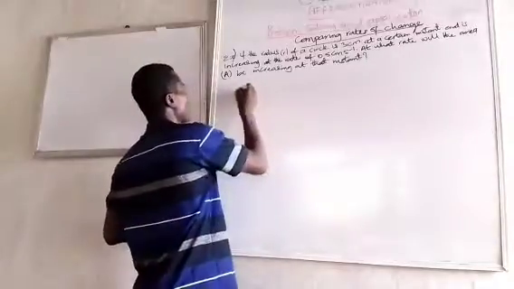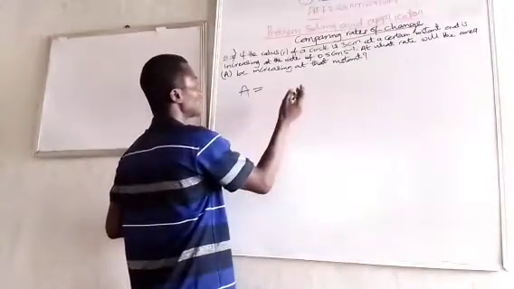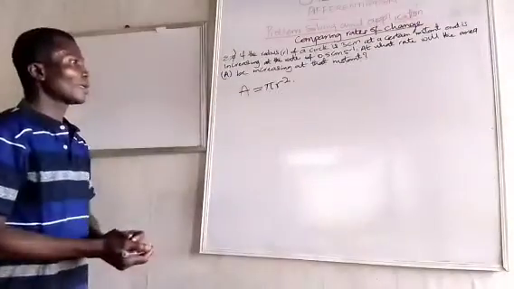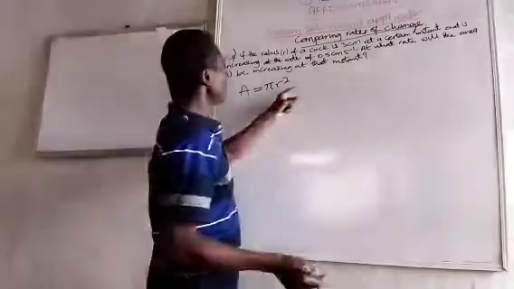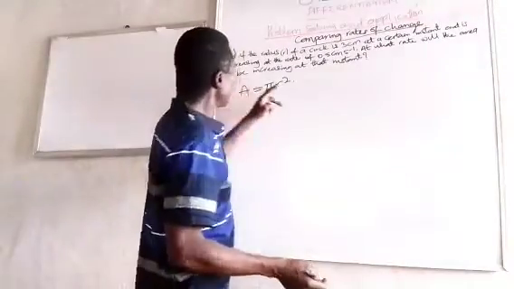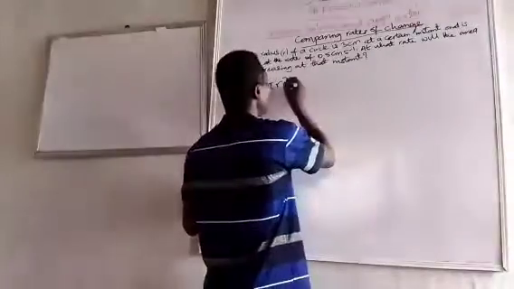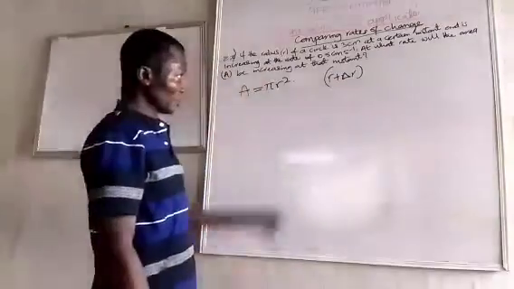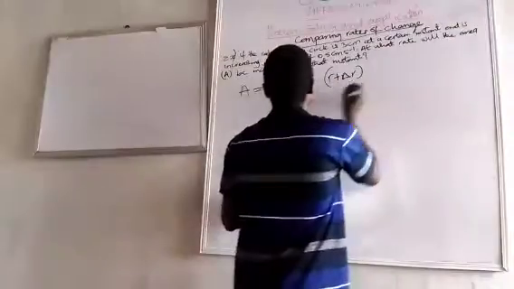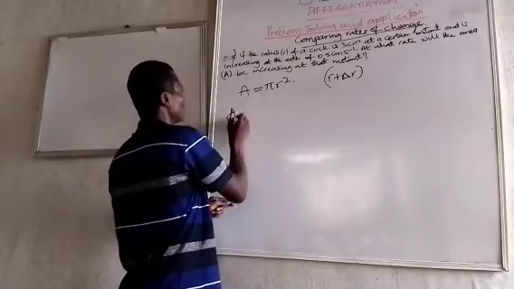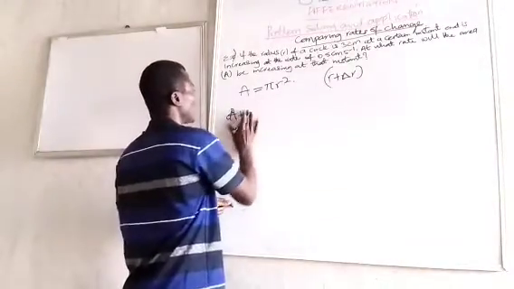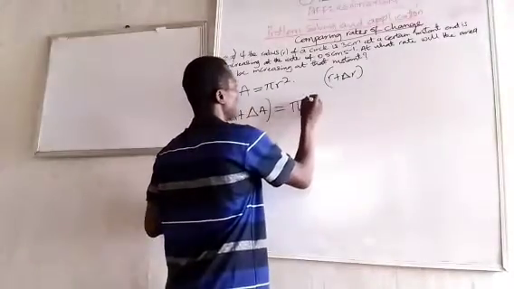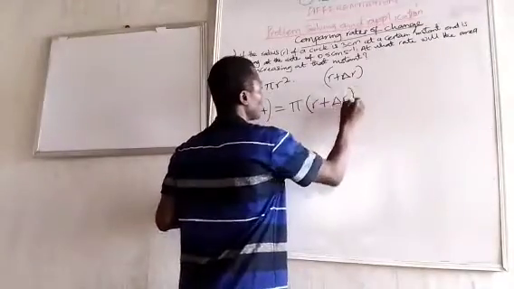Look at this. We have A, and you know the relationship between A and r is A equals pi r squared. You can see. Now, you know one thing. If r increases, automatically, A plus delta A is going to be pi into (r plus delta r) squared.